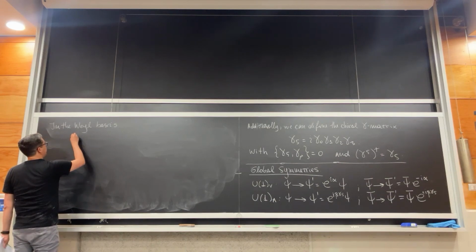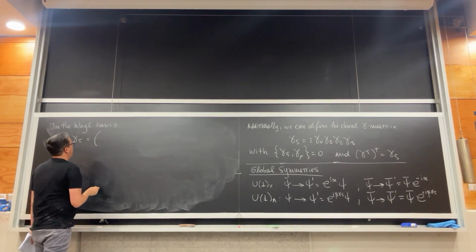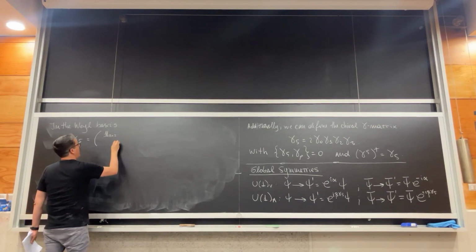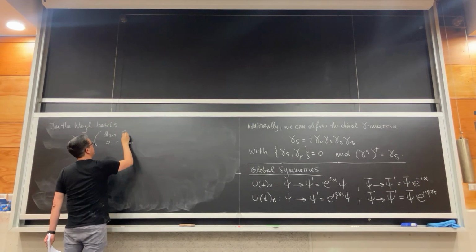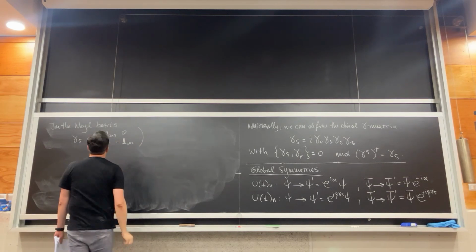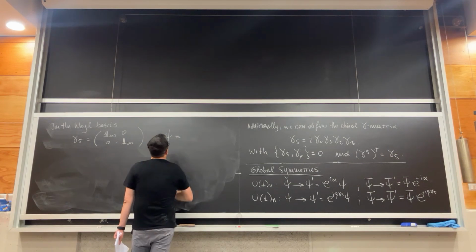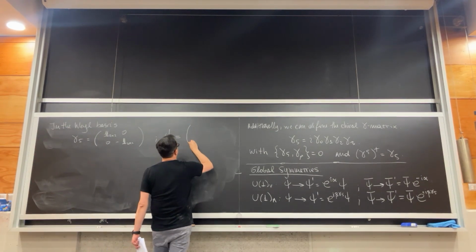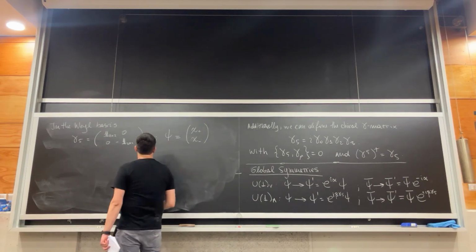So in the chiral basis, gamma 5 can be represented as a 4 times 4 matrix, where here you have the identity 2 times 2, minus the identity 2 times 2, 0, 0. And also you can decompose the Dirac spinor into 2 components, chiral spinors, that can be represented with the plus and with the minus.